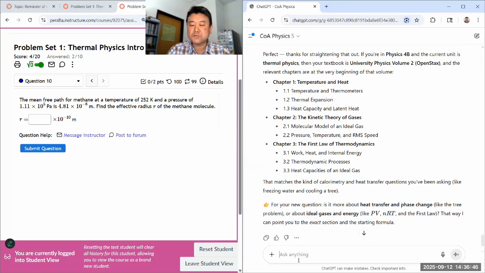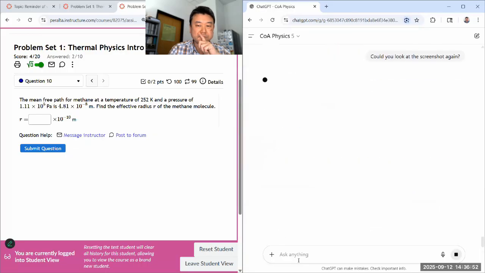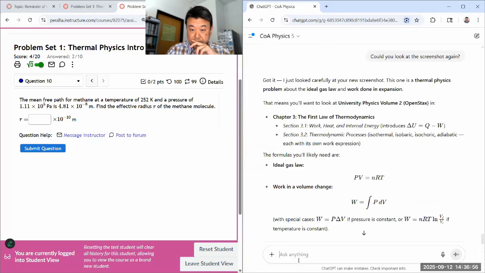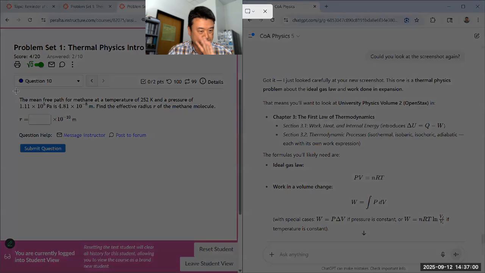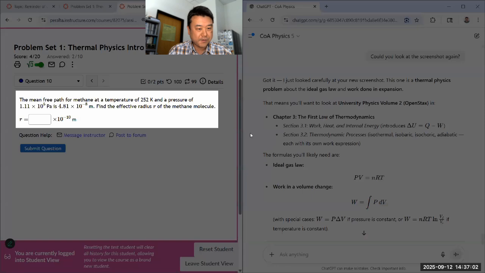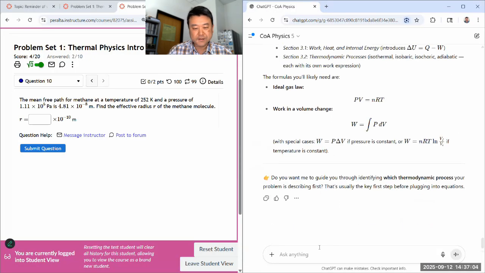Could you look at the screenshot again? I can paste it again if. No, so right now it's in a hallucination mode, so I'm just going to try to break it out of that. Let's start over.